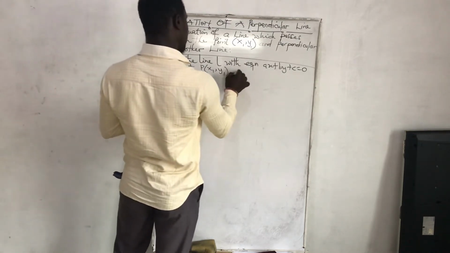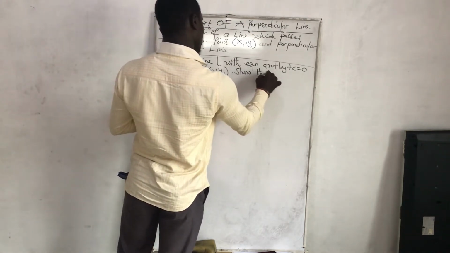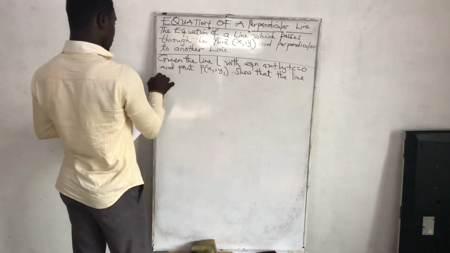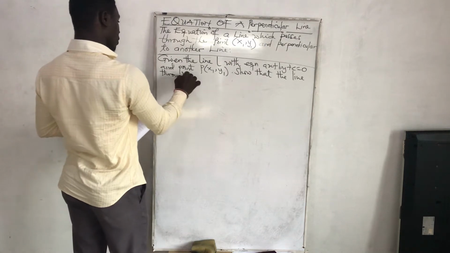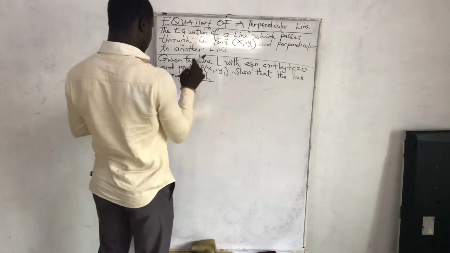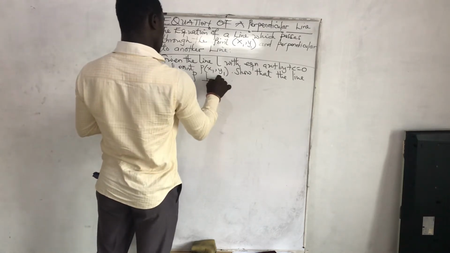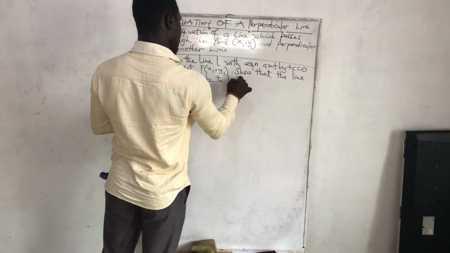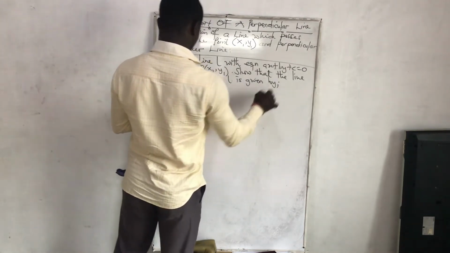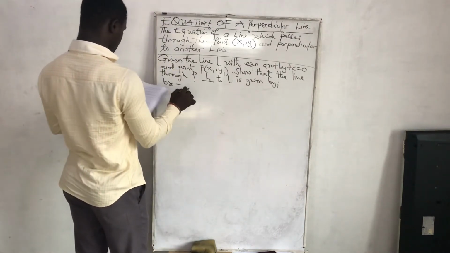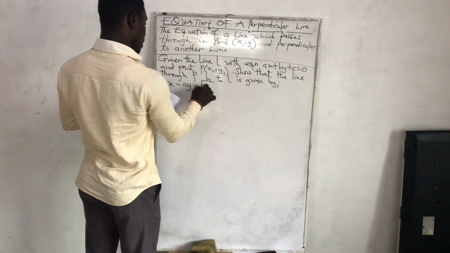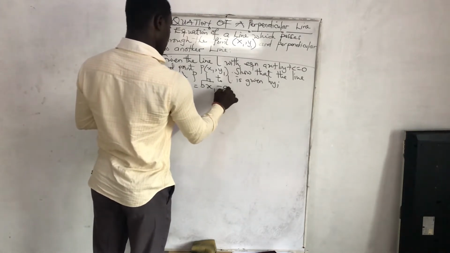It says show that the line through P, perpendicular to L, is given by bx minus ay equals bx1 minus ay1.